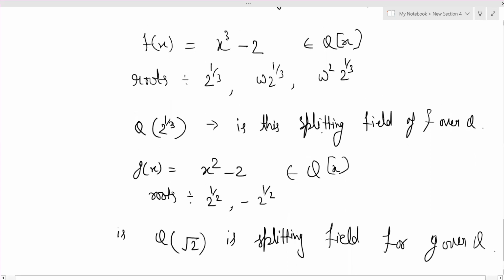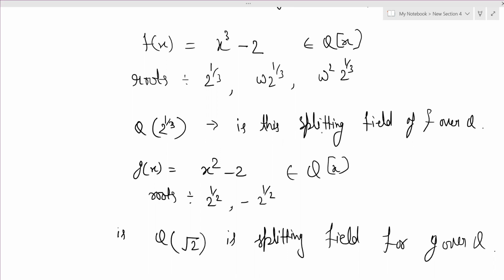So what are you saying, can you say again? x squared minus 2 can be written as (x plus root 2)(x minus root 2), right. But those two linear factors are not over Q. Over Q(root 2) they are. I am asking, is Q(root 2) a splitting field for g over Q?